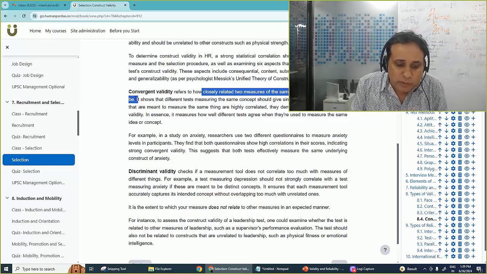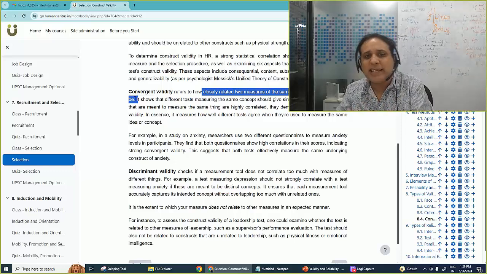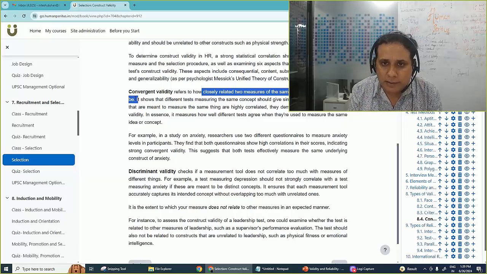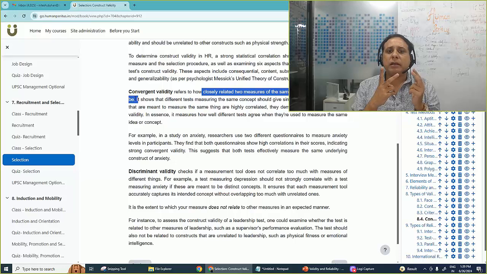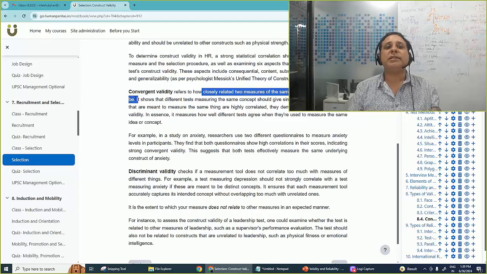So guys, how are these different? Discriminant is that it should not assess something else. Convergent is that if two constructs are related, and their tests also show a strong correlation, then we say that these two tests have convergent validity.